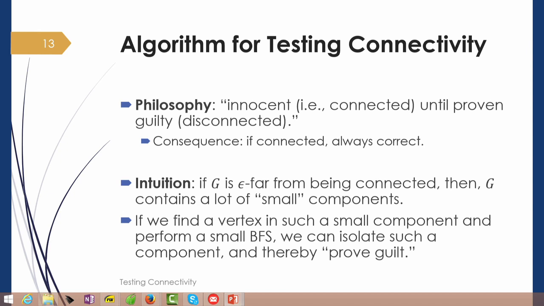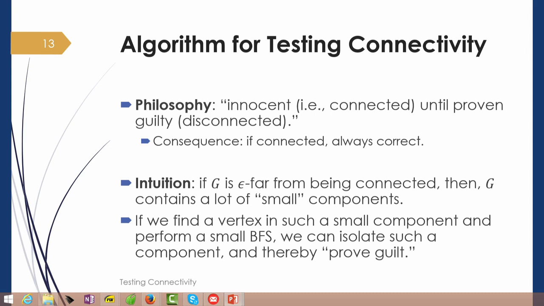Okay, so let's dig a little deeper and look at the intuition behind the algorithm. If the graph is epsilon far from being connected, then the graph will contain a lot of small components, because a lot of edges need to be added to the graph before we can get it to be connected, which means that the graph is very, very fragmented.